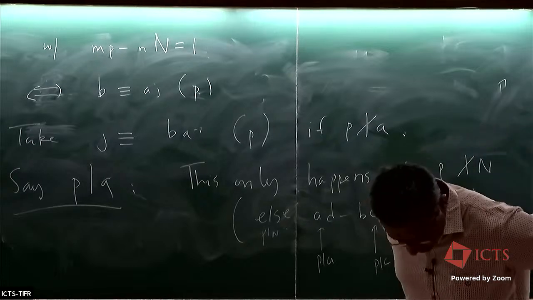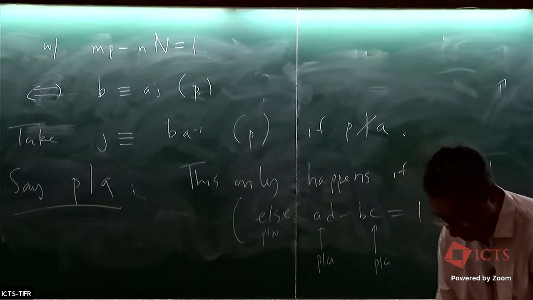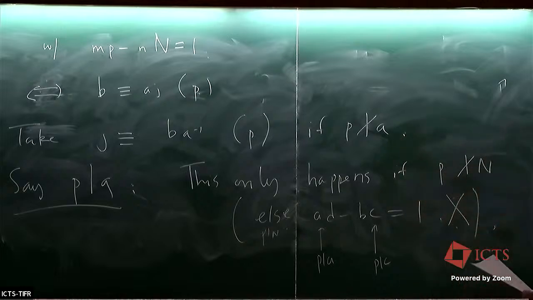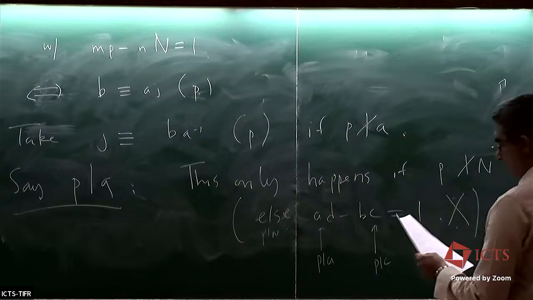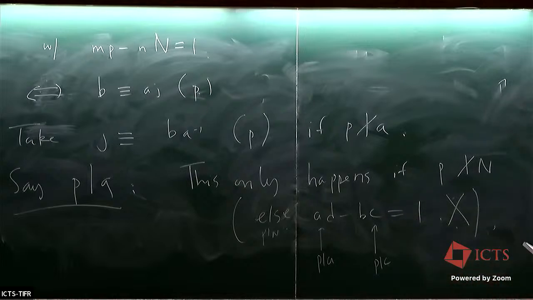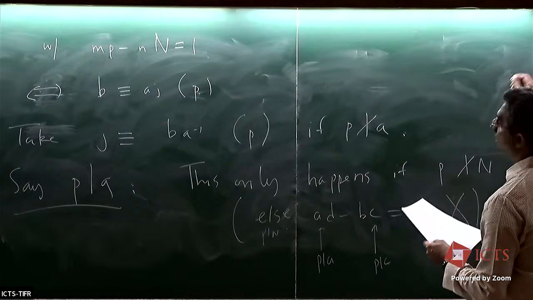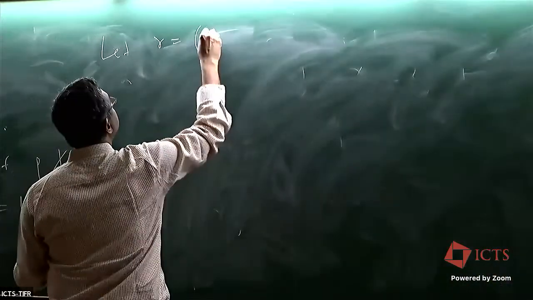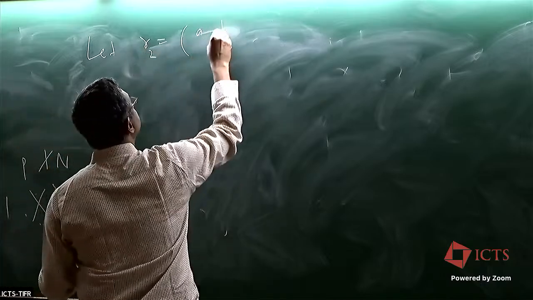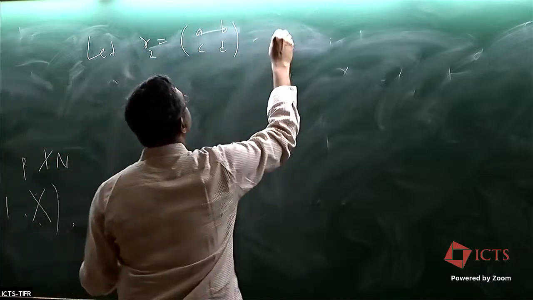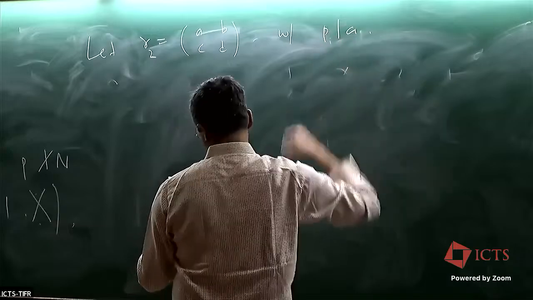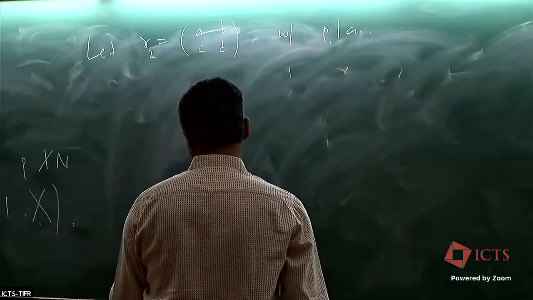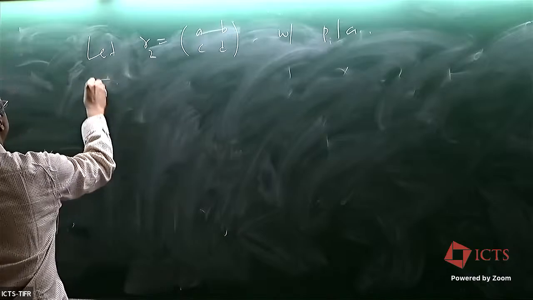All right, so let's assume that P divides A. Let gamma 2 be ABCD with P dividing A. Okay, then a similar computation as over there.